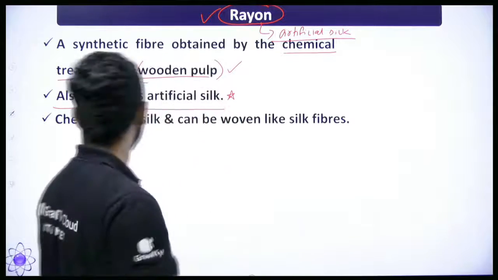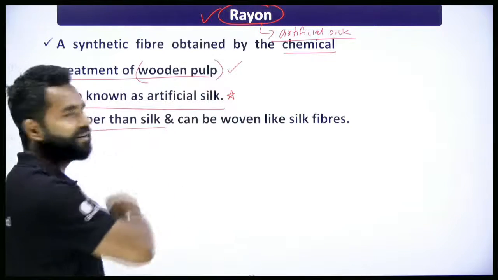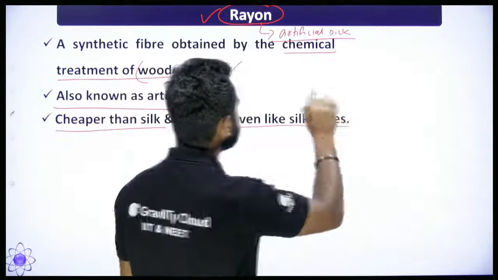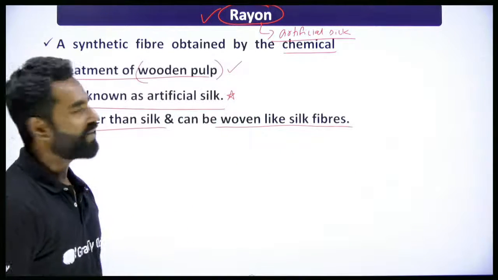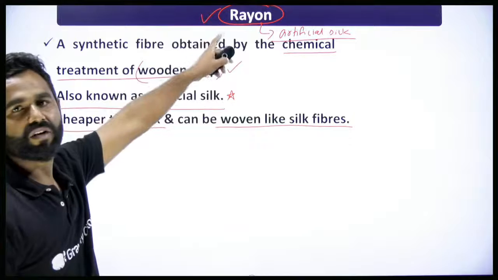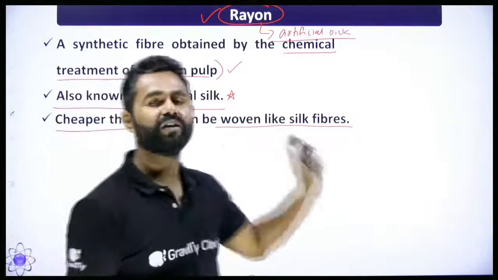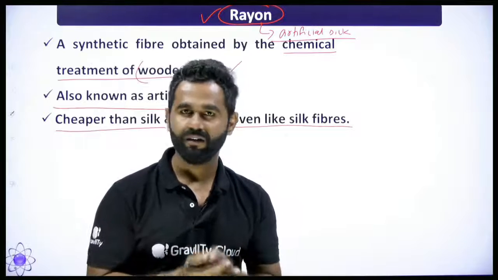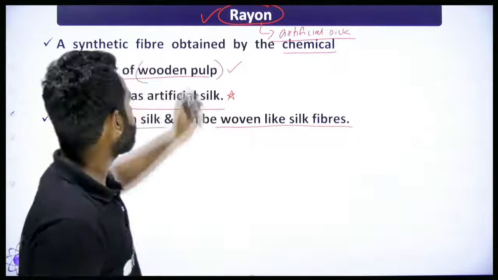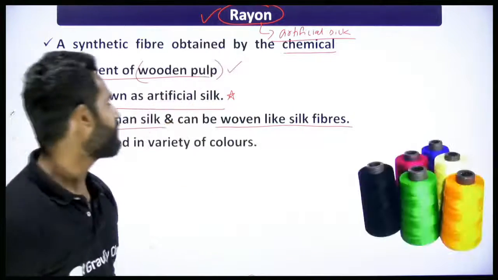Right? As it is cheaper than silk and it can be woven like silk fibers, we can convert rayon into thin threads, like we can convert silk into silk threads. Similarly, we can convert rayon into rayon threads.